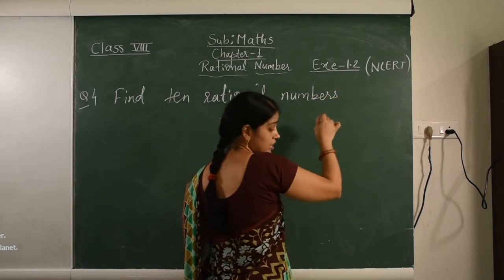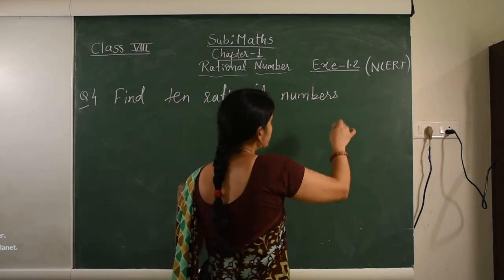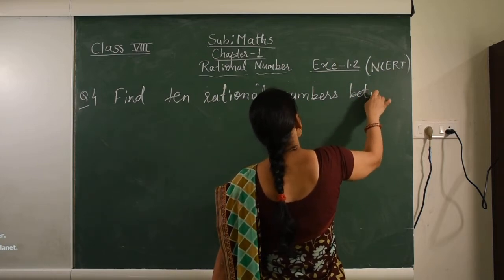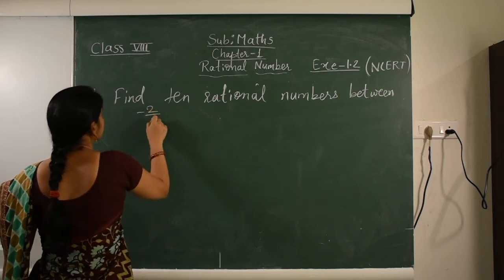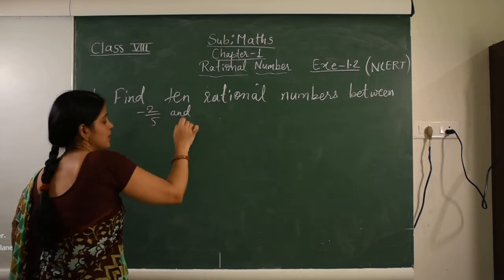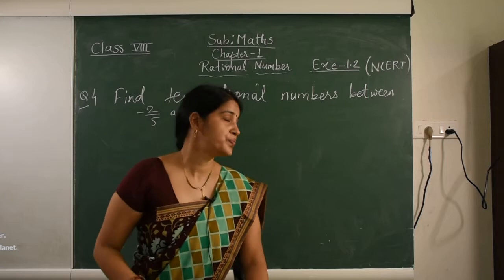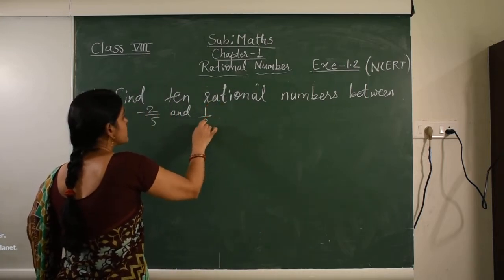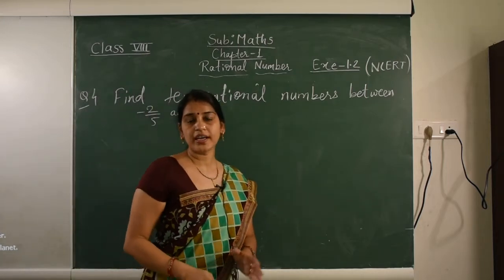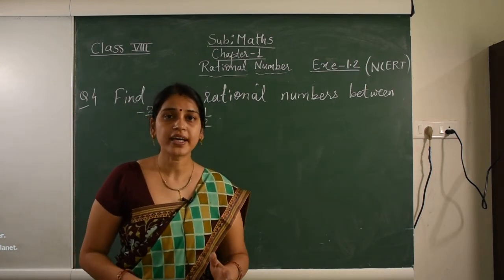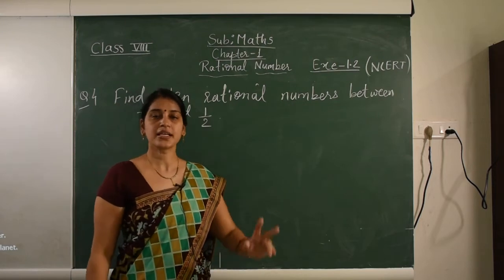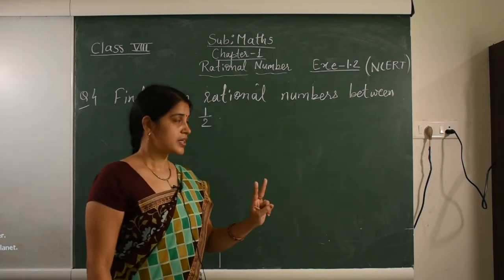Which are the 2 rational numbers? Minus 2 by 5 and 1 upon 2. In the previous video we discussed how we can find rational numbers between 2 rational numbers. We know there are infinite rational numbers between 2 rational numbers.